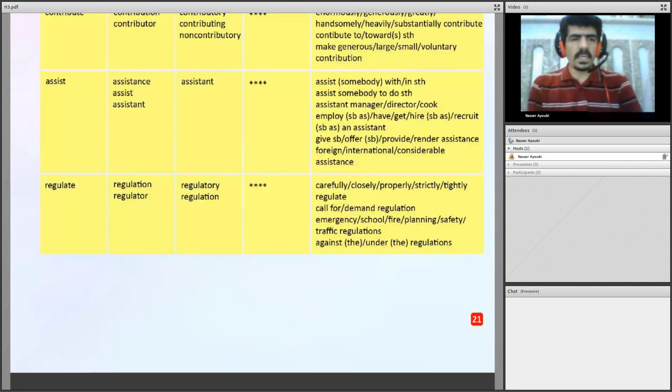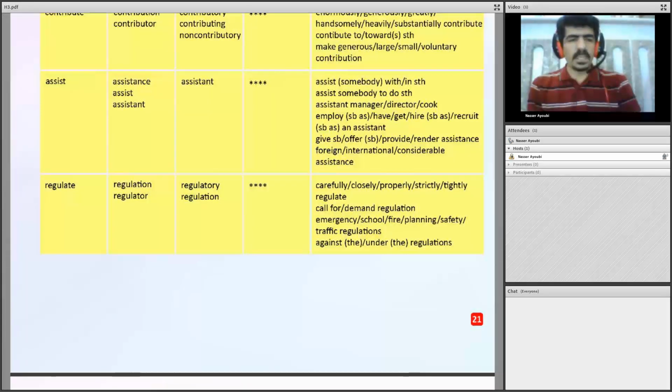Okay. Next one is regulate, regulation, regulator, regulatory, and regulation as adjective. Regulatory, for example, regulatory agency or regulatory body, is something or someone or an organization that is related to power, ruling power.